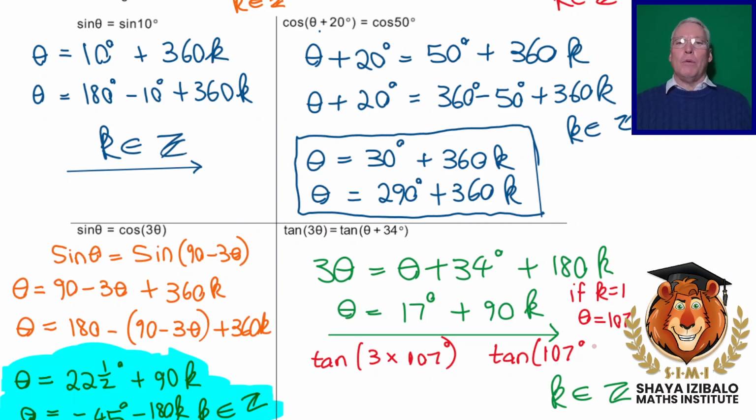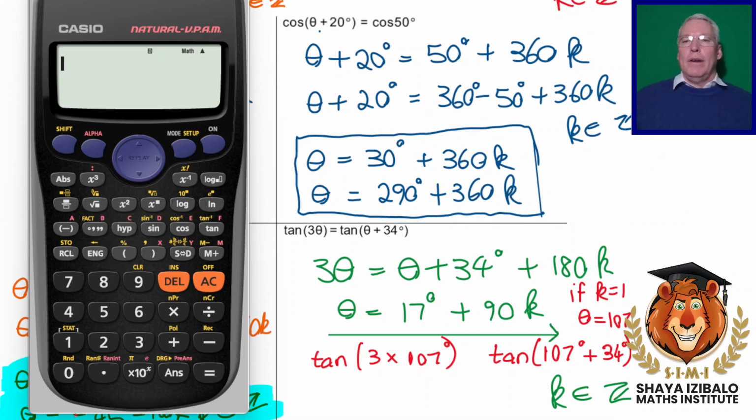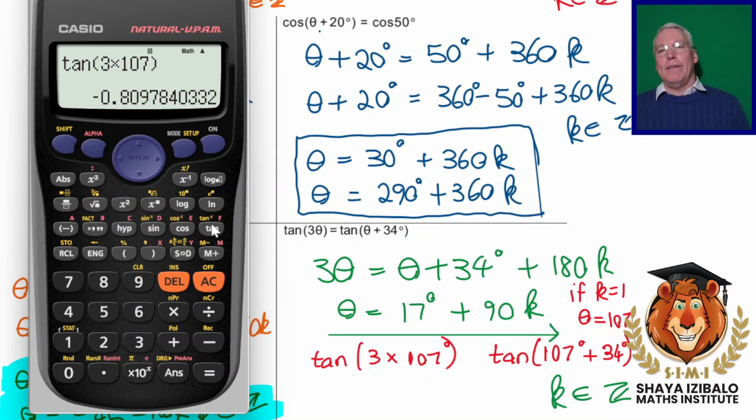Now what we're going to do is put 107 into the left-hand side of the equation, work it out with the calculator, and put 107 into the right-hand side of the equation, work it out with the calculator. If we get the same answer, we are right. Okay, so here we go. Tan of 3 lots of 107, and we get negative 0.809.